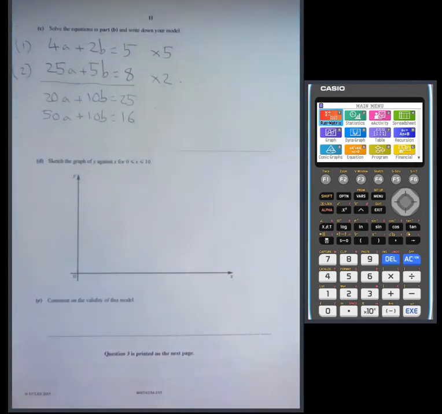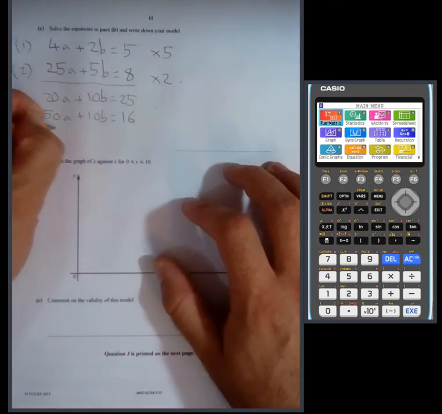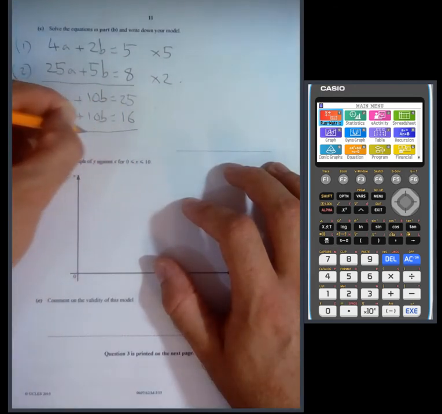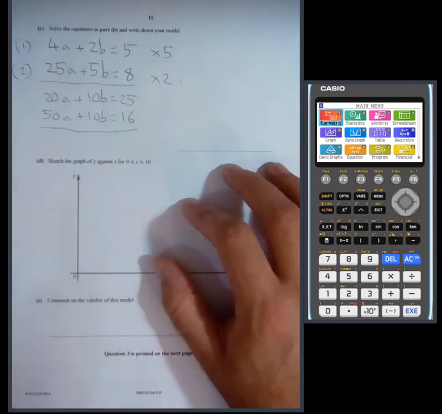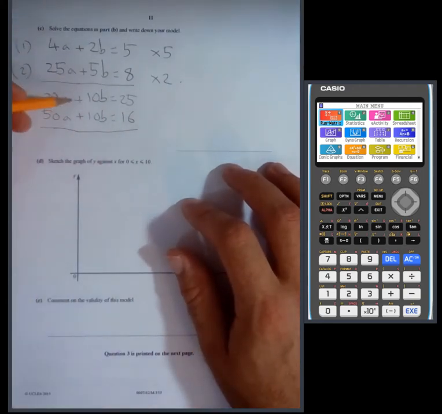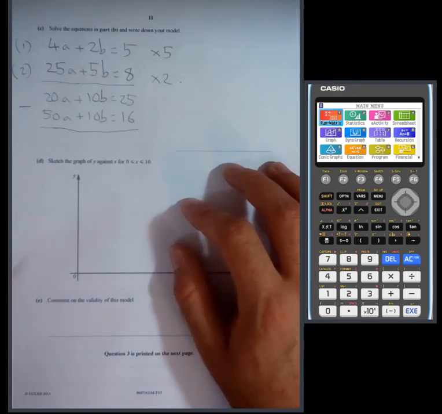Now, what you would do here is subtract, same sign, subtract. So everything's got the same sign, but what I actually mean is the sign of the thing that you're trying to eliminate. So the 10b's both have the same sign, so we need to subtract. And we're going to subtract the bottom equation from the top one.